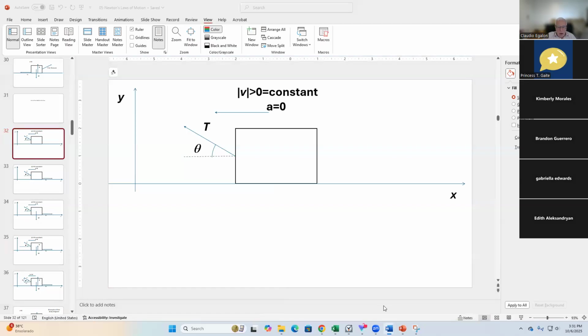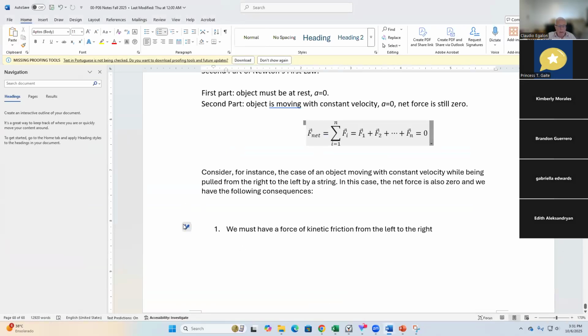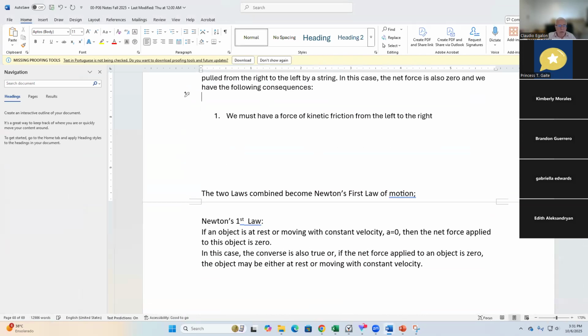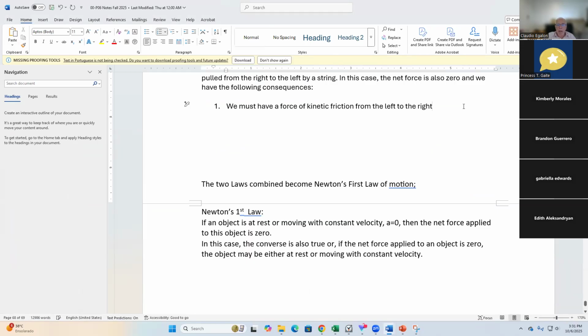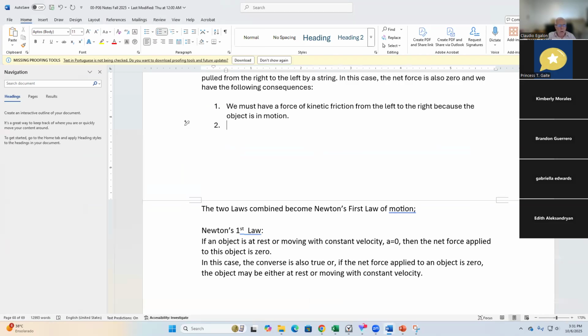The two parts of the law combined into a single one. We must have a force of kinetic friction from left to right because the object is in motion. Two, the force that is always there is the weight.